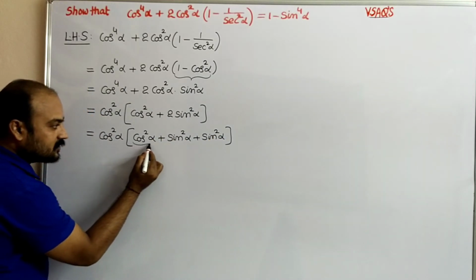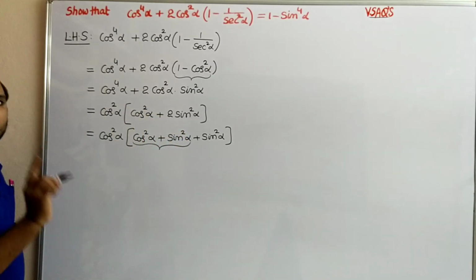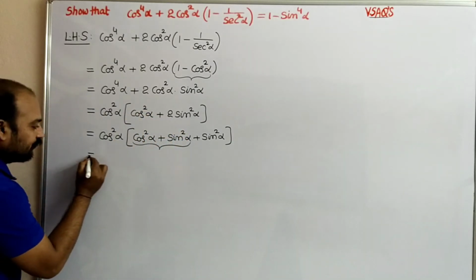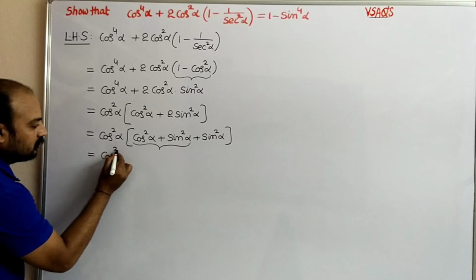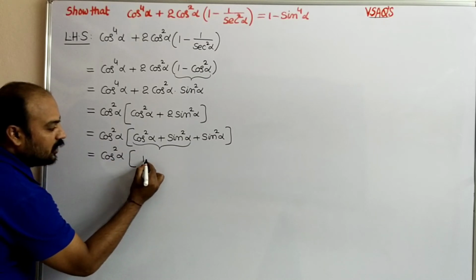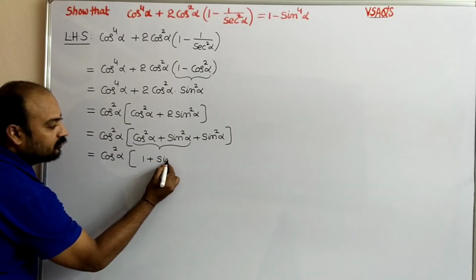We know that sine square alpha plus cos square alpha value is 1. So cos square alpha into 1 plus sine square alpha.